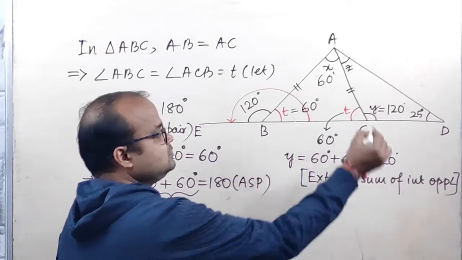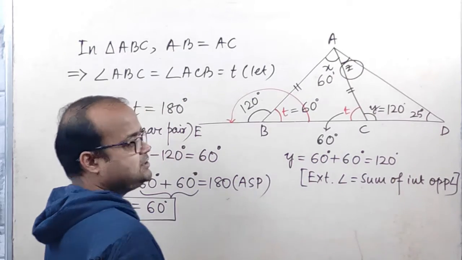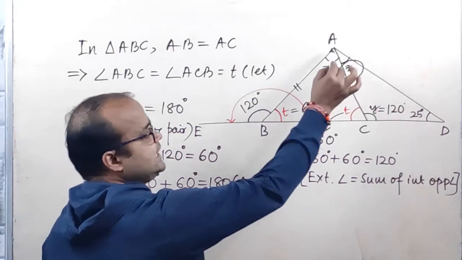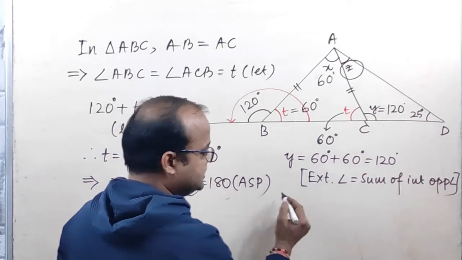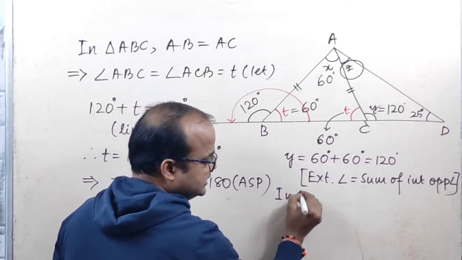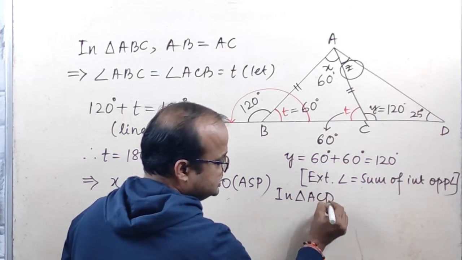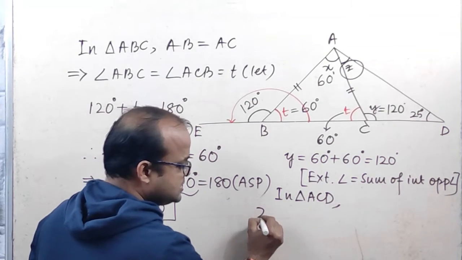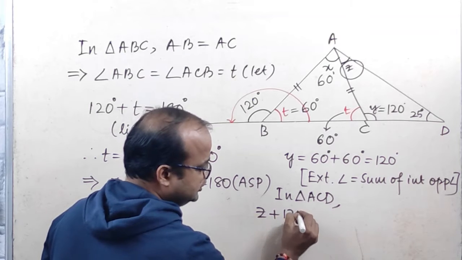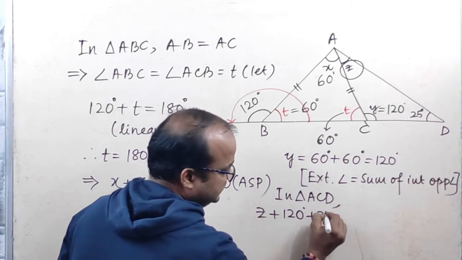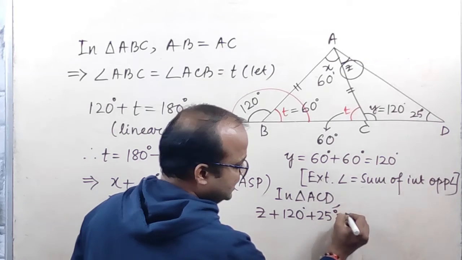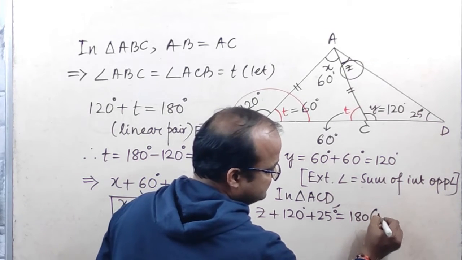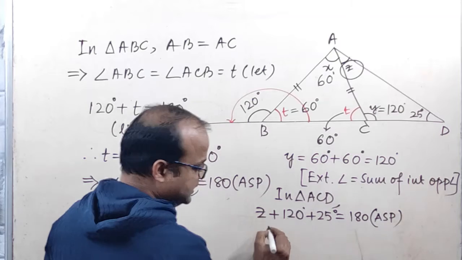Now next is to find Z. So we apply the angle sum property in triangle ACD. So in triangle ACD, we say Z plus 120 plus 25 equals 180 degrees, angle sum property.